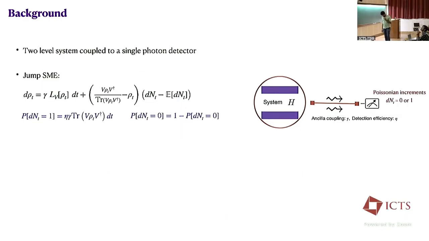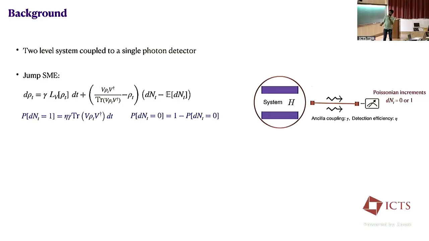Okay. So given this introduction to quantum trajectories, we would like to motivate the problem in a slightly more concrete sense. You have essentially two-level systems, and we'll be focusing exclusively on two-level systems in this work, coupled to, say, some kind of measurement device, like a single photon detector. So you will have the effective dynamics given by these jump stochastic master equations, where we call the dN equal to 1 outcome of the measurement device a quantum jump.